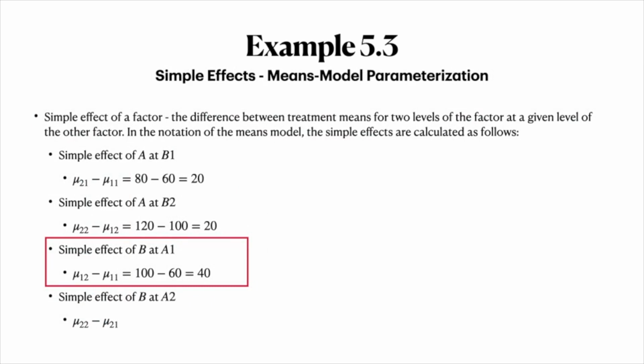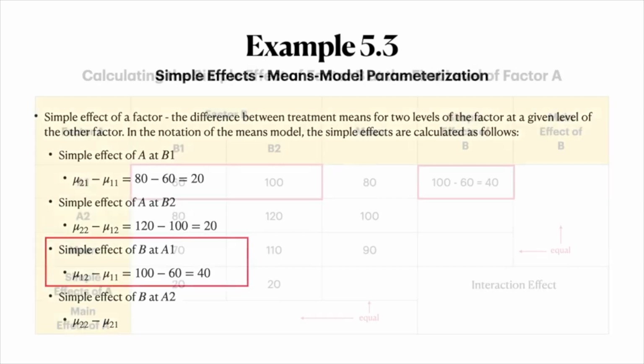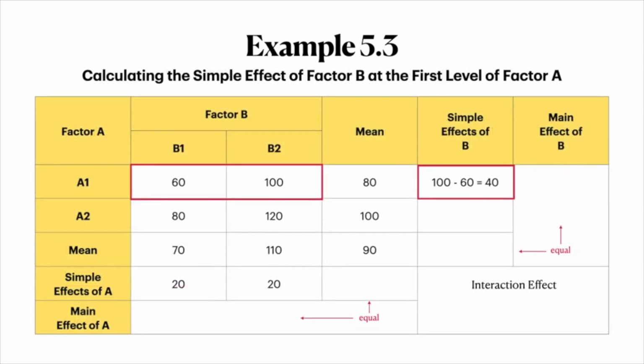Next, to find the simple effect of B at the first level of A, that is defined to be mu12 minus mu11. That turns out to be 100 minus 60, or 40. In the context of the table, we're finding the simple effect of B at the first level of A, at level A1, and so that's going to be the difference between 100 and 60.